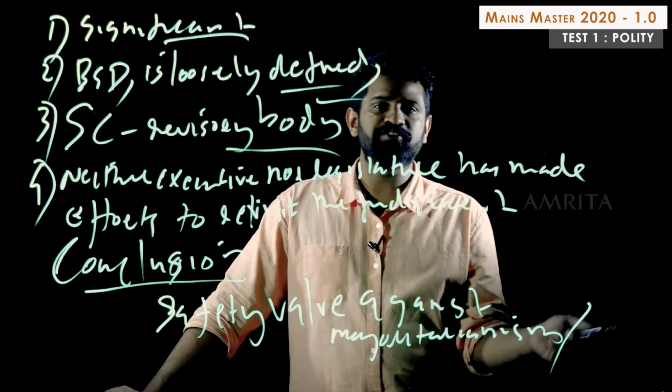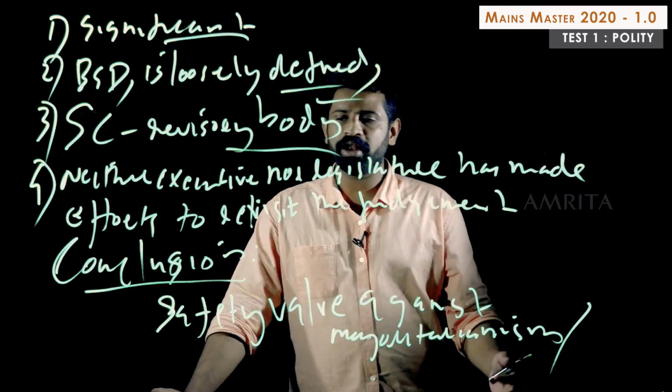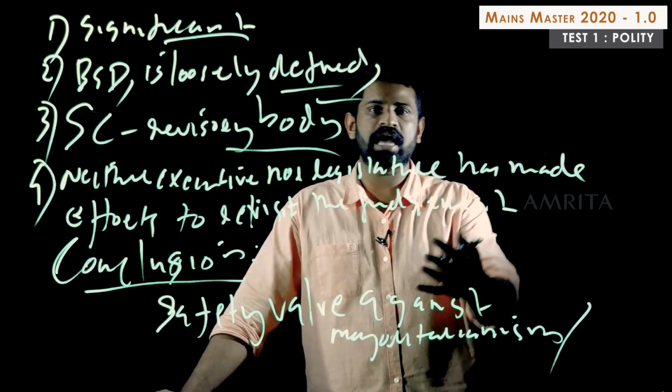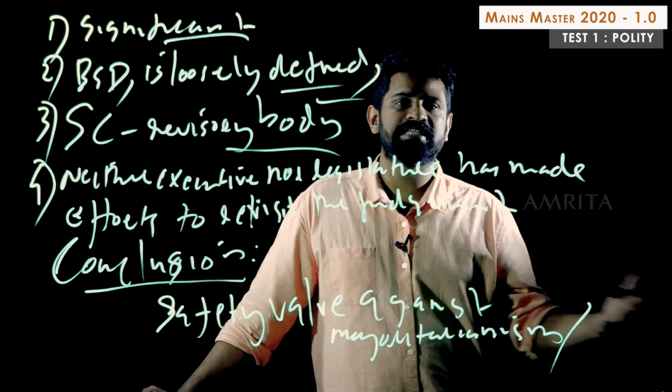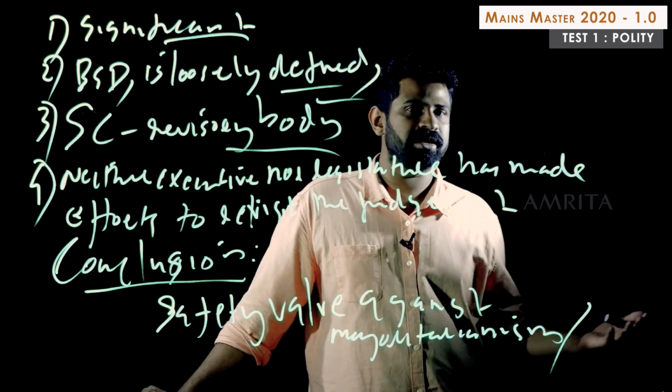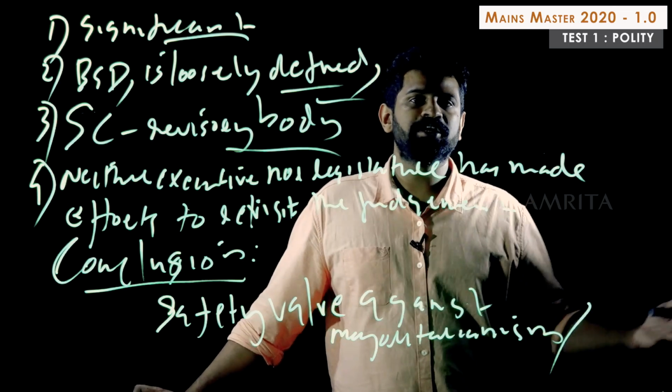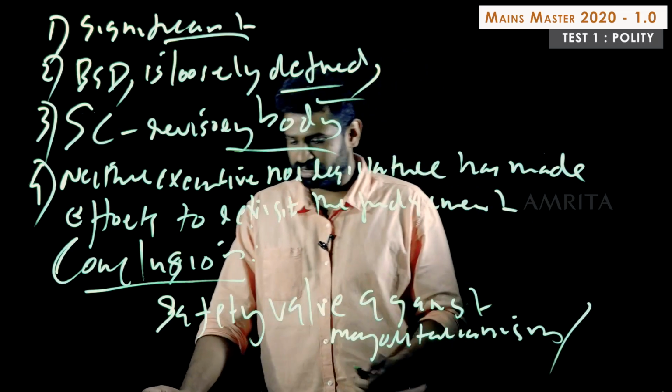One is it's a safety valve against majoritarianism, or very often the supporters of this argument say that it is the case that saved Indian democracy, the Keshavananda Bharati case. Or you could say that basic structure doctrine is that particular doctrine which saved the Indian democracy.